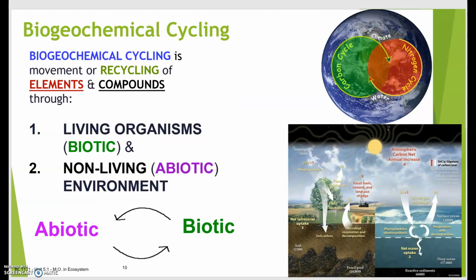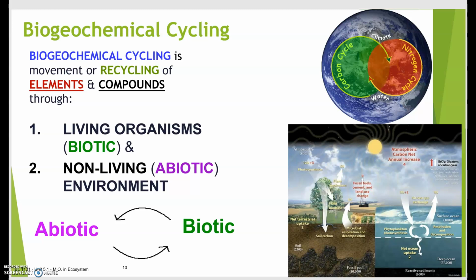So over here we've got a picture, and I don't want you guys to get too worried about the details of it, not quite yet anyways. But the idea of this biogeochemical cycling, like I was saying in the other slide, is how we move elements and compounds through the ecosystem. So how it'll go from the abiotic world, which is, remember, just the physical characteristics of the environment, into the biotic world, which is the living characteristics or living parts.